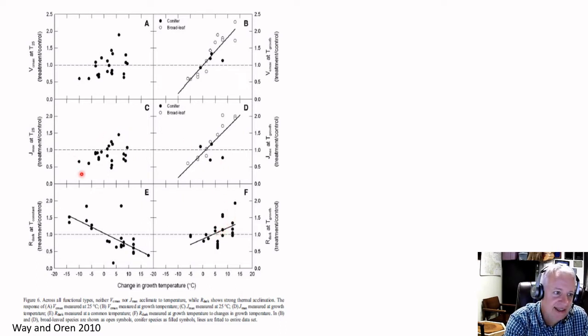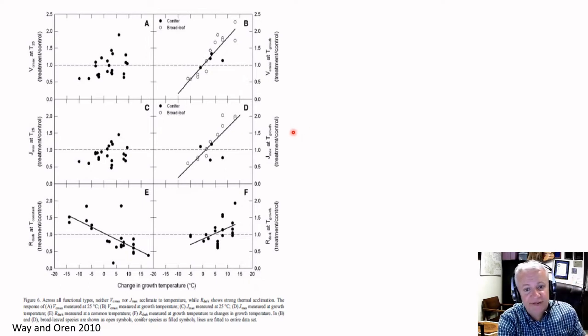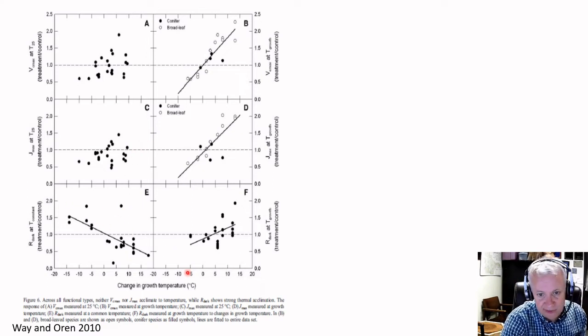So they took this as evidence that there was not strong acclimation of photosynthesis to temperature, at least the photosynthetic mechanism. Now, because respiration was adjusted down, carbon balance was acclimated as you went up in temperature, but the actual mechanism of photosynthesis did not acclimate, according to their meta-analysis.